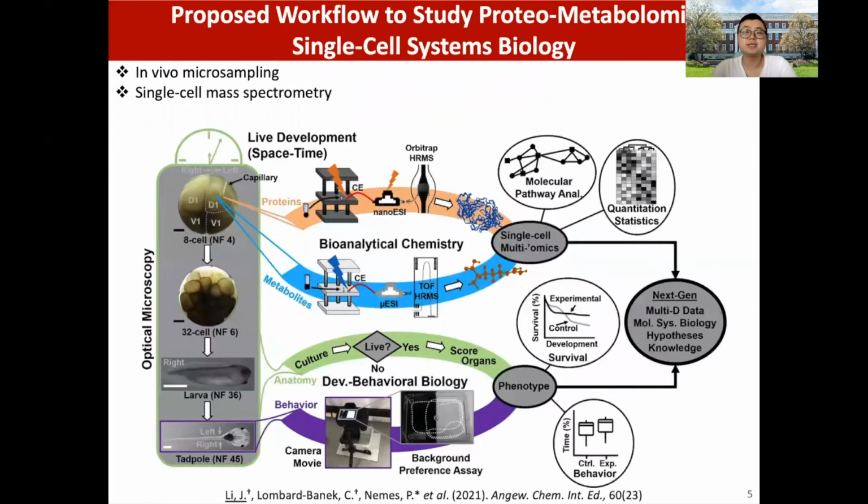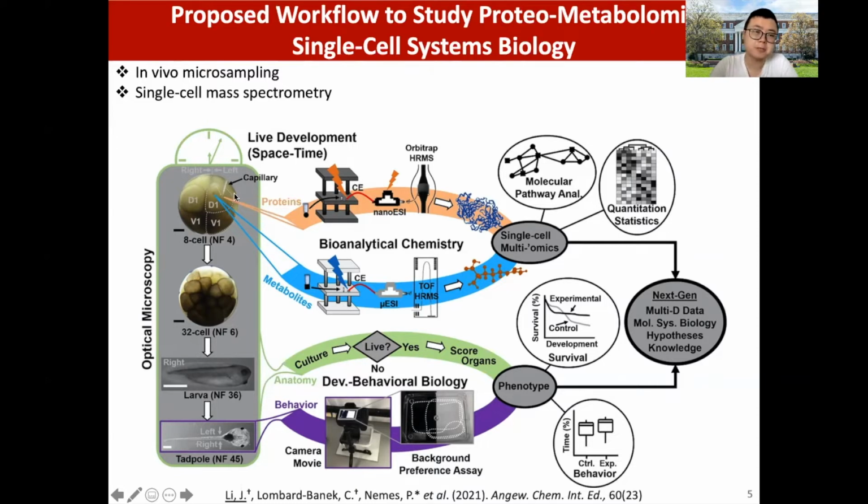And here is our proposed workflow to achieve our goal. It involves in vivo microsampling and single-cell mass spectrometry. This workflow divides into two parts. The first part is the bioanalytical chemistry, and the second part is developmental and behavioral biology.